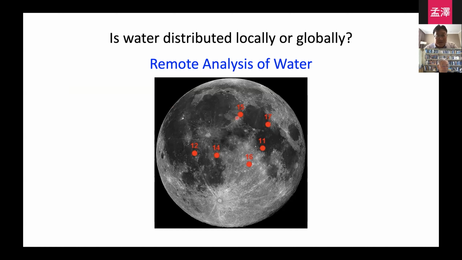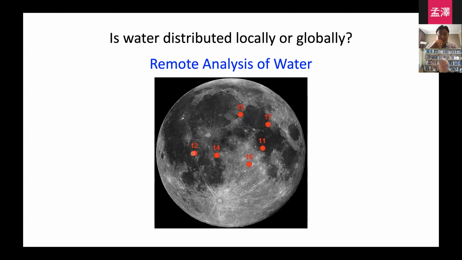However, as we can see from this map, most of the water data of the lunar samples are based on 6 Apollo missions. So we often think that these sample sites likely do not represent a global distribution; they cannot represent the global Moon.